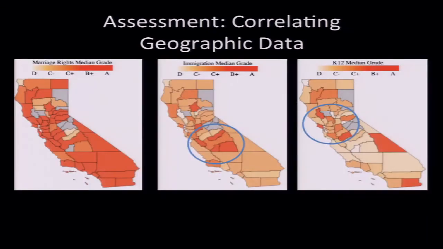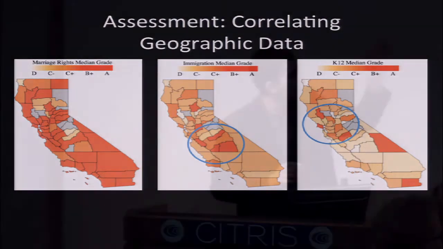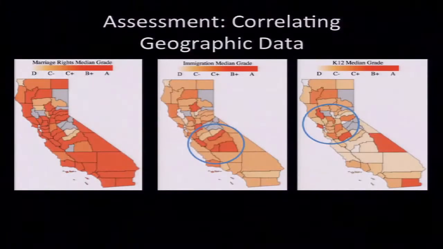As a teaser of what we were able to do with that geographic information, we can look at the median grade for each county. Matching our intuition based on the histograms, the question about marriage rights is almost universally in California somewhere between a C plus and an A. For the other issues, it's a little more regional.